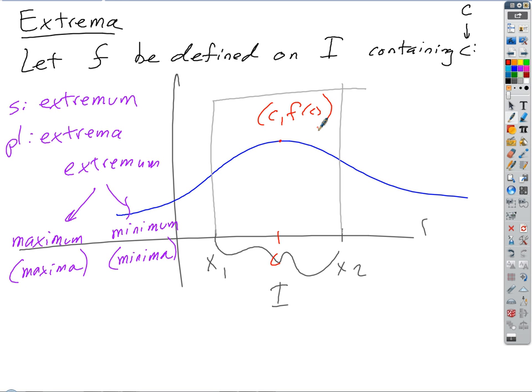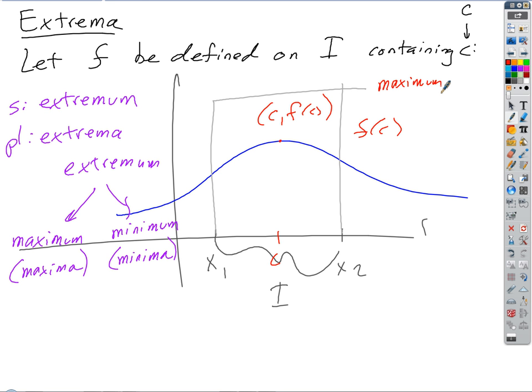If we want to say that this point is a maximum, then f of c would have to be what on this interval? It's the highest point. But how do we say that?